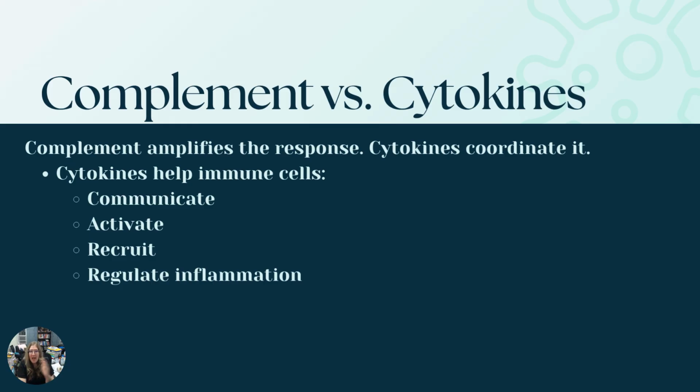Cytokines allow cells to communicate. They can tell another cell to activate, move toward an area, proliferate, differentiate, or even change its behavior. So we're moving from a protein cascade to something that functions more like an immune signaling network as a whole.